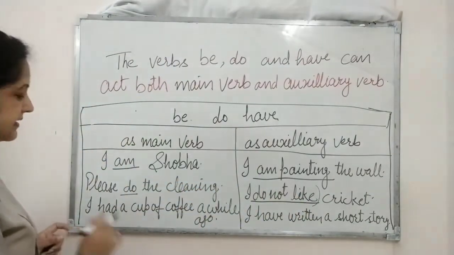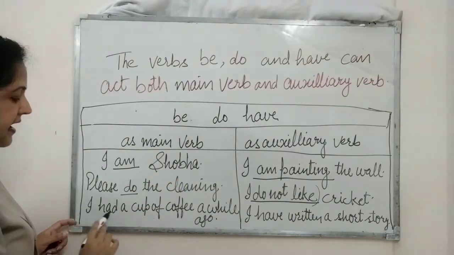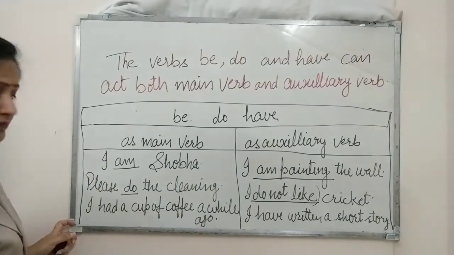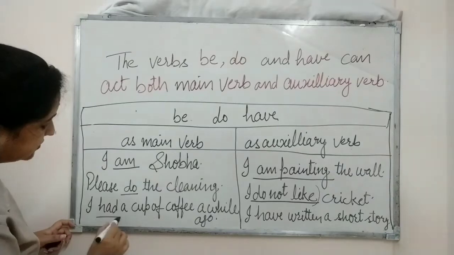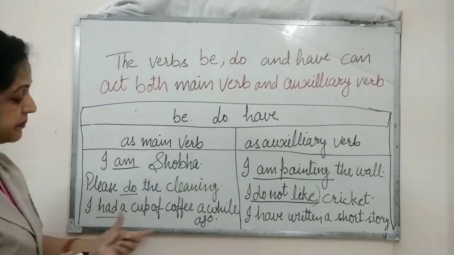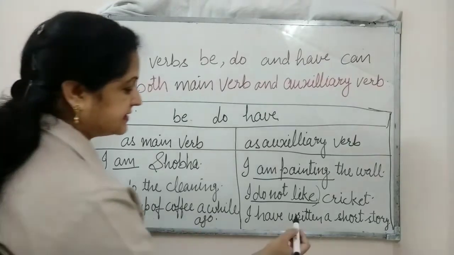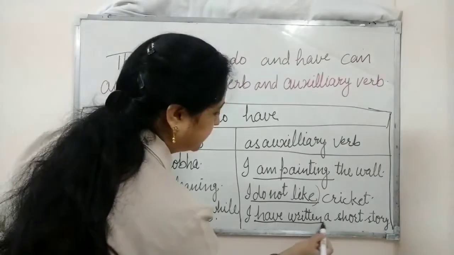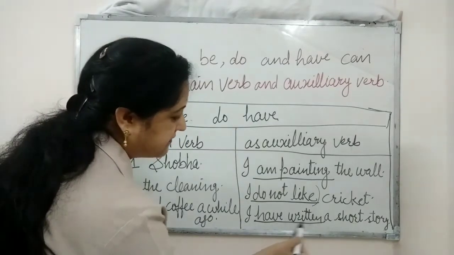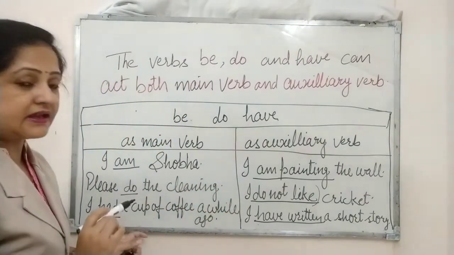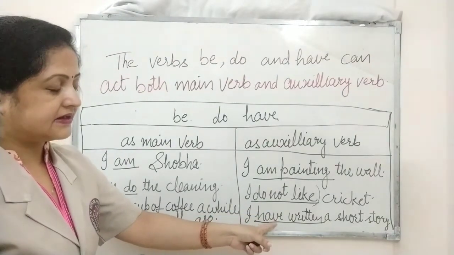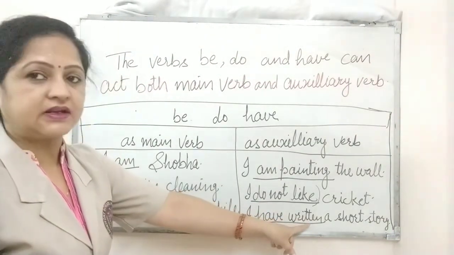The third example: I had a cup of coffee a while ago. Here had is used as the main verb of the sentence. In this sentence: I have written a short story, have is used as the auxiliary verb, with the main verb written.